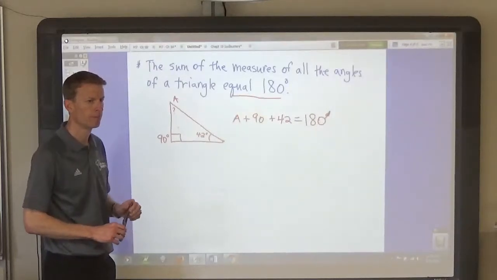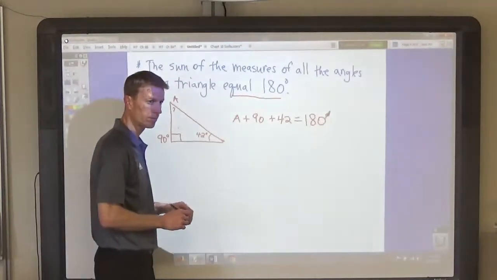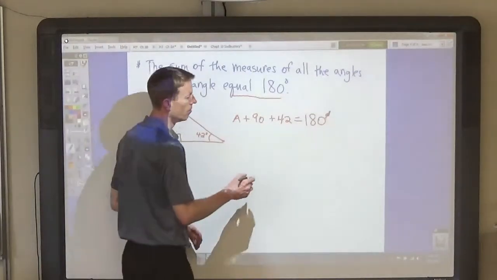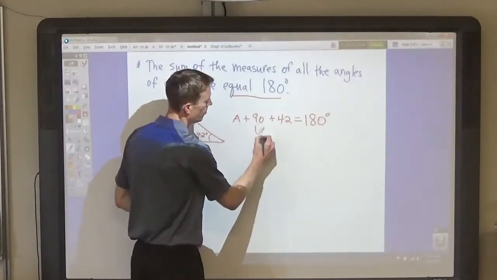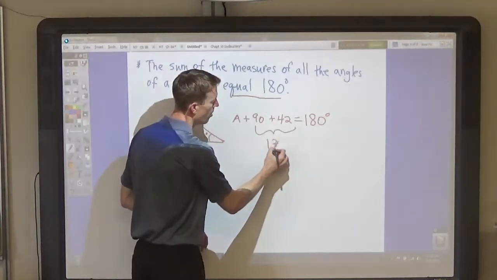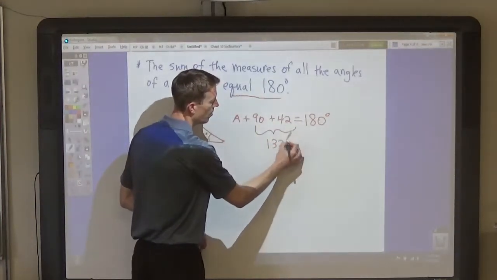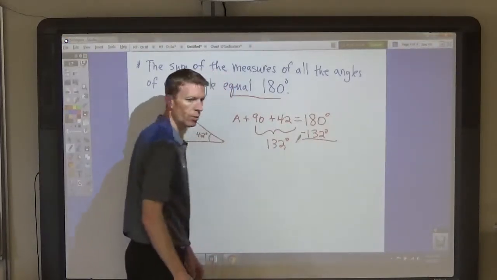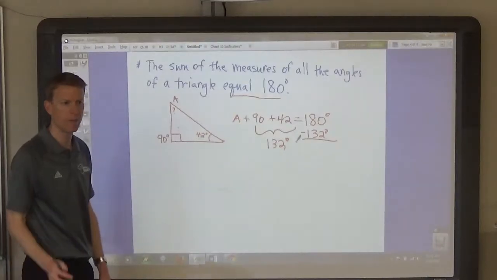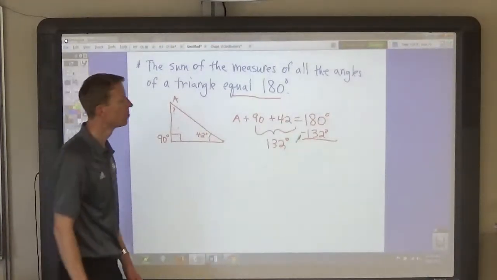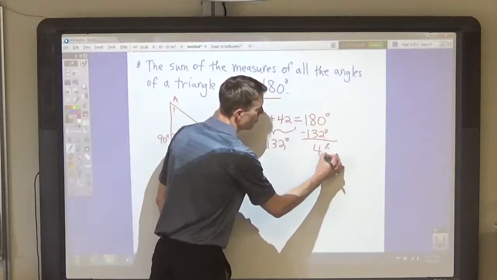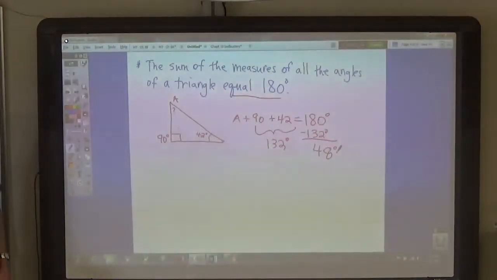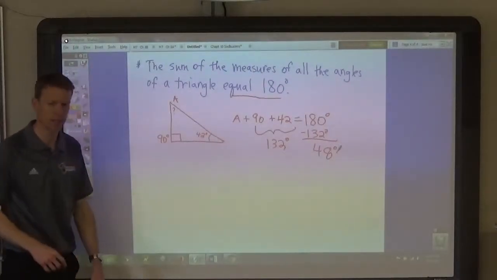What's 90 plus 42? 132. Yep. And if we take that away from 180, we get the remaining amount. What's the remaining amount? 48 degrees. Yep. So angle A is 48 degrees.